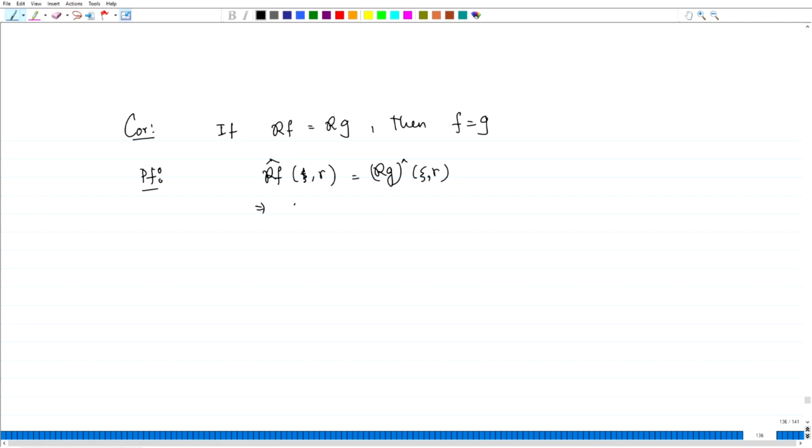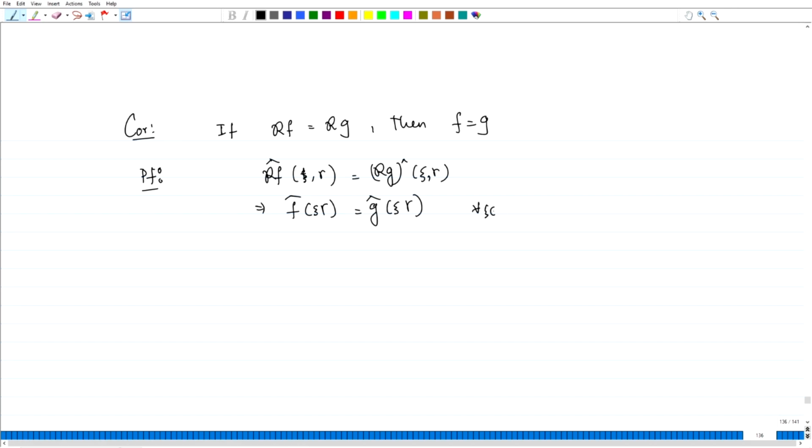This implies that the 3-dimensional Fourier transform f hat at xi gamma is equal to g hat at xi gamma. Now, this is true for each gamma varying over the unit sphere S^2, and for all xi in R.